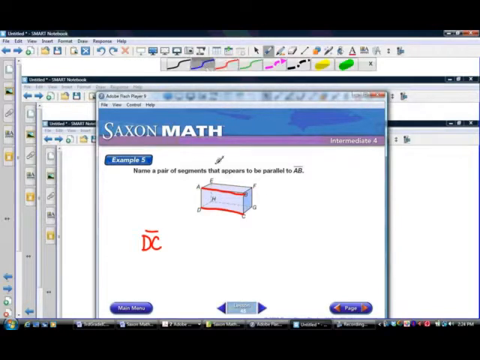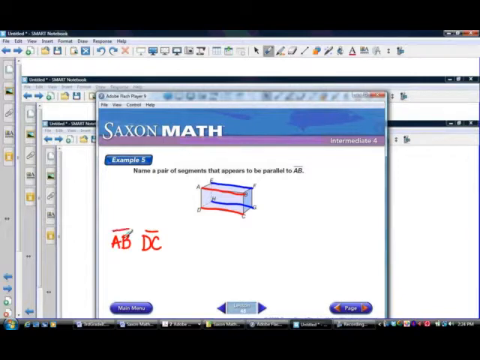And another pair that we could put together, EF and HG. So line segments AB and DC are parallel, and also line segments EF and HG are parallel.